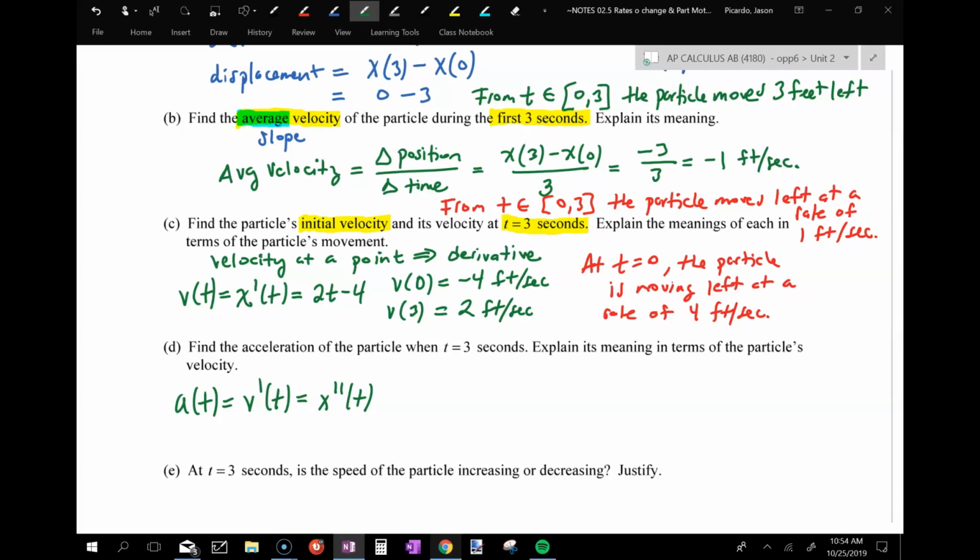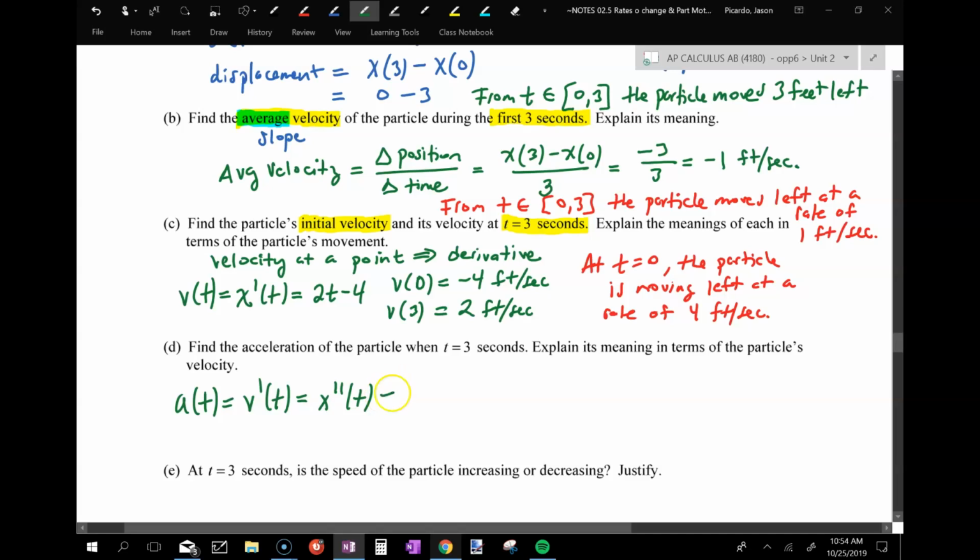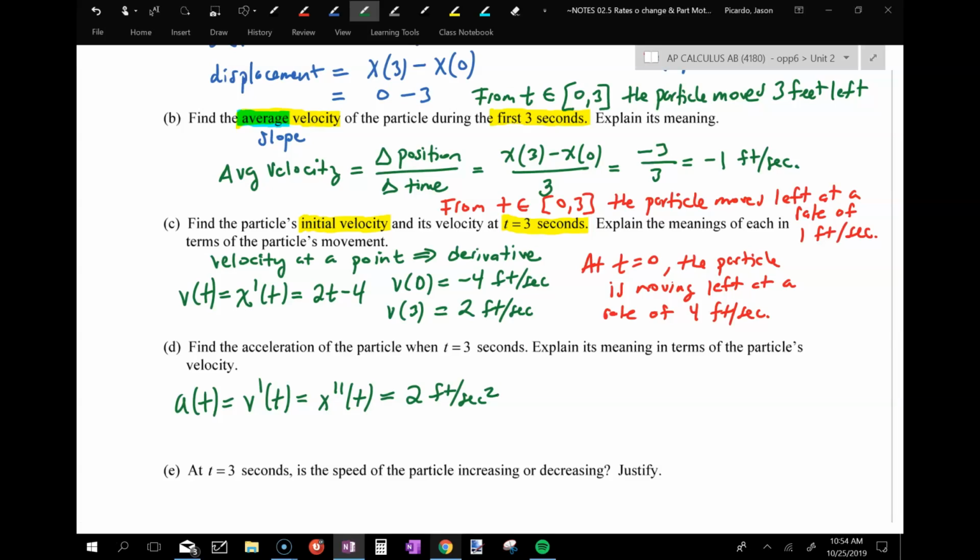What's the derivative of 2t minus 4? Just 2, right? Give me a unit. Feet per second squared. Why squared? Because I've taken a derivative of a derivative, right?